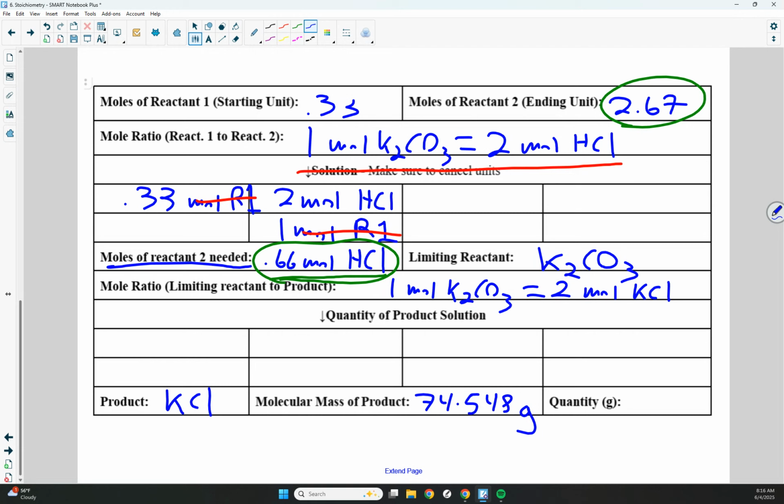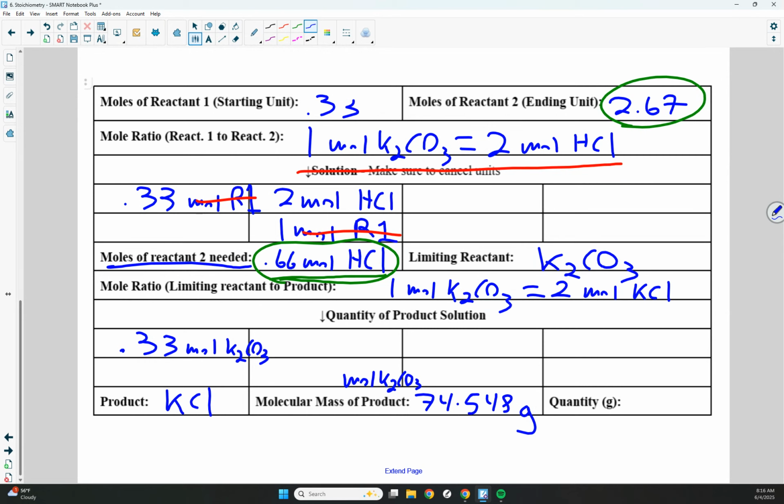So I'm going to put my starting amount of my limiting factor down here, and it's 0.33. And that is K2CO3, kind of a lot to write. And I'm going to begin by multiplying by my mole ratio. So I'm going to put moles of K2CO3 down here.